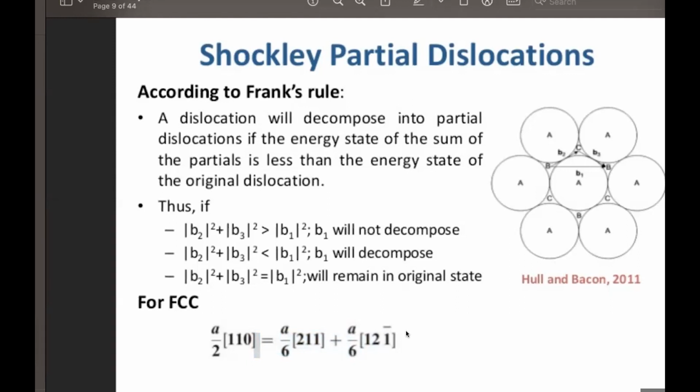Of course, here we also have some stacking fault energy. Then you can also add the energy of stacking faults into your energy calculations. So these are all energy calculations, and here we can add some stacking fault energy term. All right, so we know that in FCC, this is favorable.